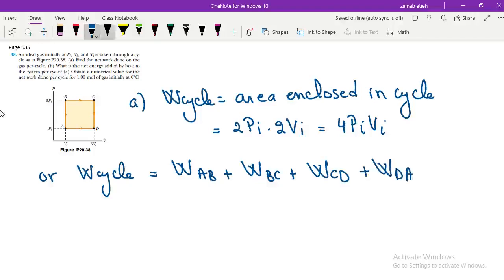Now we have AB equal to 0 because it's isochoric, and CD equal to 0 because it's isochoric. What remains are BC and DA, which are isobaric. So their formula for work is easy, which is P delta V, so P times (VC minus VB). What pressure? Pressure of C or B, because both have the same pressure.